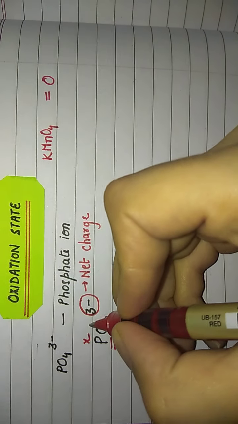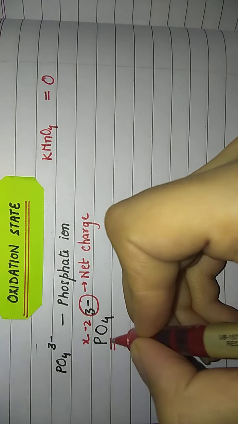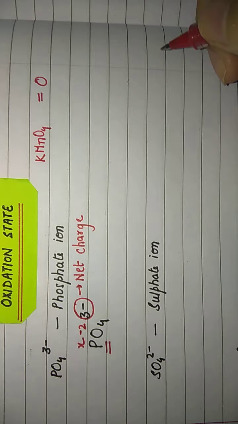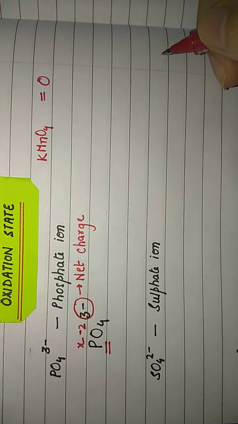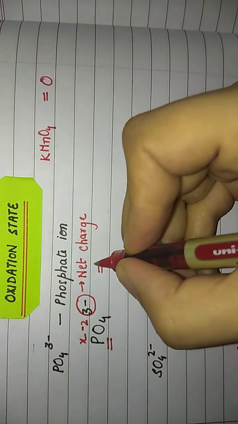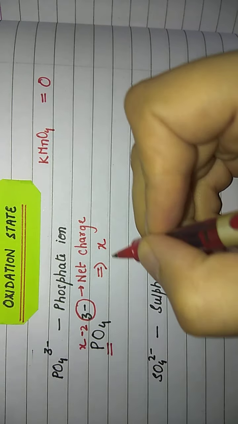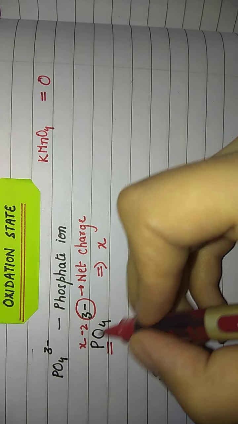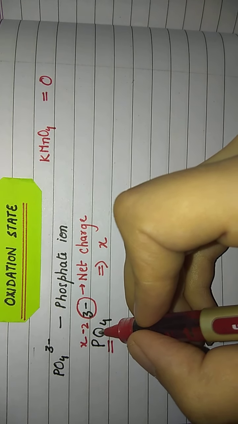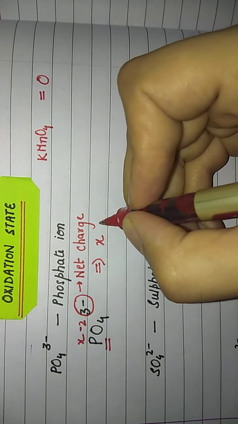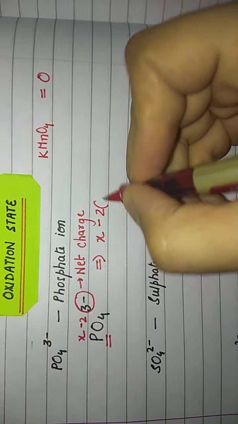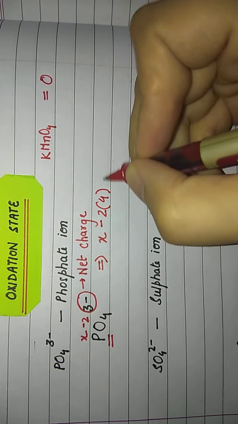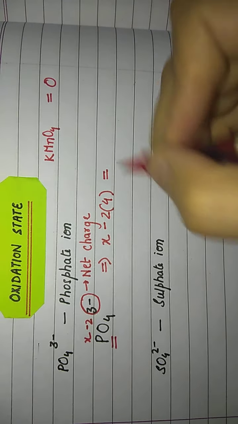You know, over oxygen you have a -2 charge, and we let the oxidation state of phosphorus be X. So my equation will be X, because there is only one phosphorus atom. There are 4 oxygen atoms and each oxygen atom is carrying a -2 charge. So total will be -2 into 4, which is -8, is equal to, what is the net charge?